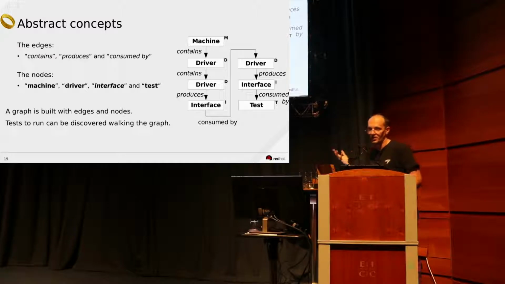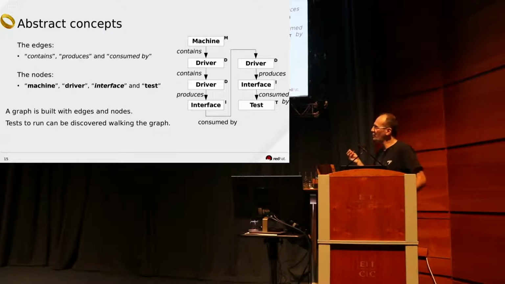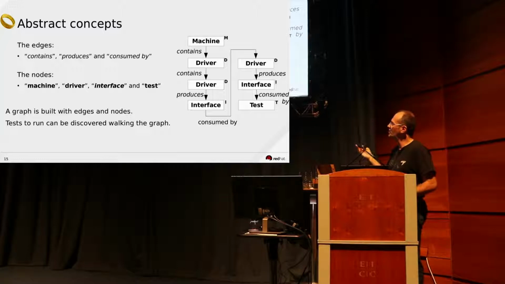And these nodes will be linked by edges. And we have three kinds of edges. We have contains, we have produces, and consumed by. I'm going to have a better look at these concepts in the following slides. And what is important is that a test we write will be automatically run by discovering the graph, by walking through the graph to know on which kind of interface it can be run.